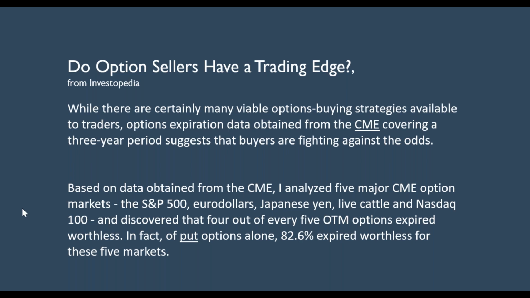Based on data obtained from the CME, I analyzed 5 major option markets: the S&P 500, euro dollars, Japanese yen, live cattle, and the NASDAQ 100. And discovered that 4 out of 5 out of the money options expired worthless. In fact, the put options alone expired 82.6% on these 5 markets studied.